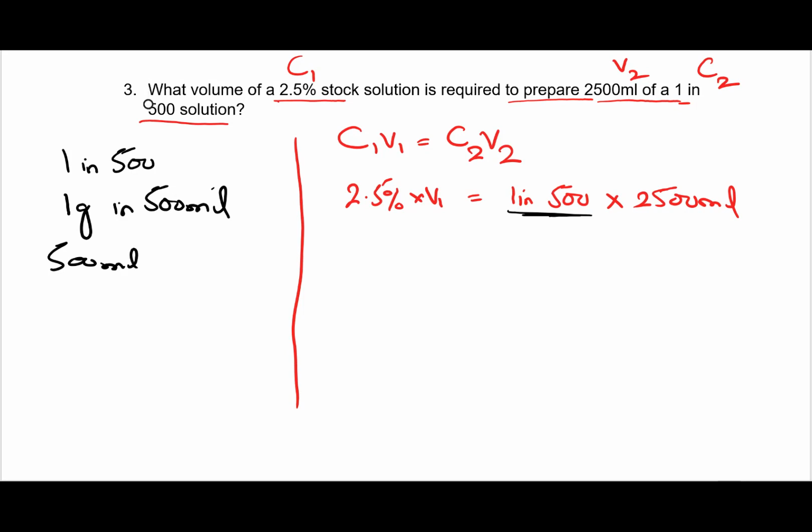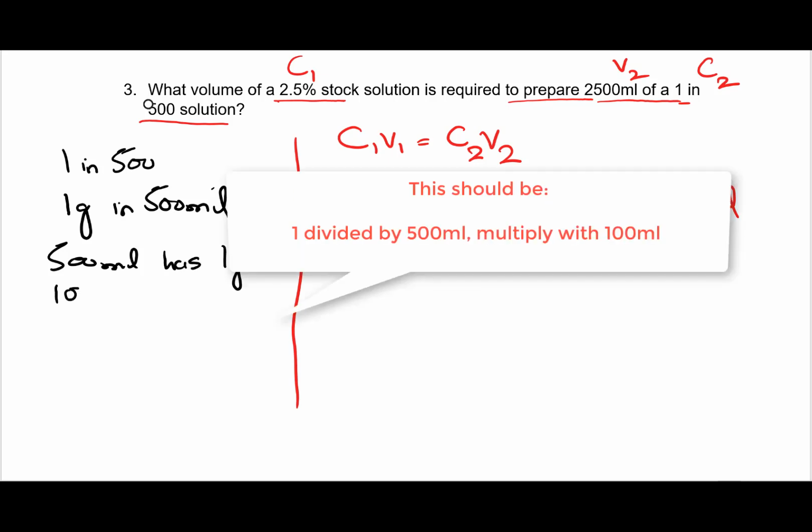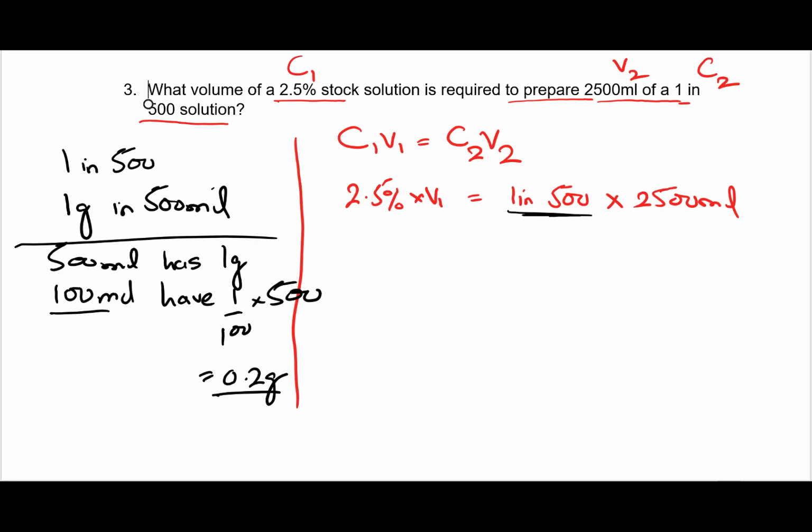So 500 mils has 1 gram, 100 mils will have 1 divided by 500 times 100, and that's 0.2 grams. So 0.2 grams is present in 100 mils, which means the concentration is 0.2%. So 1 in 500 is equal to 0.2%.